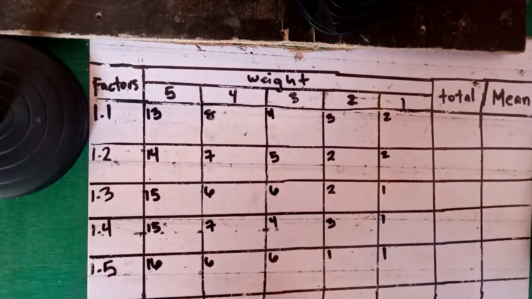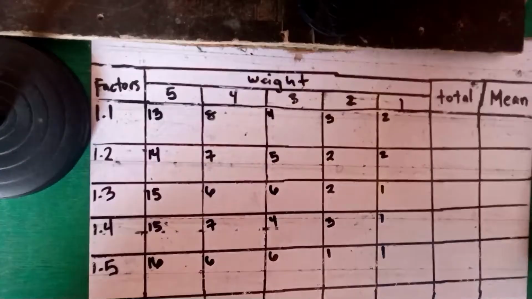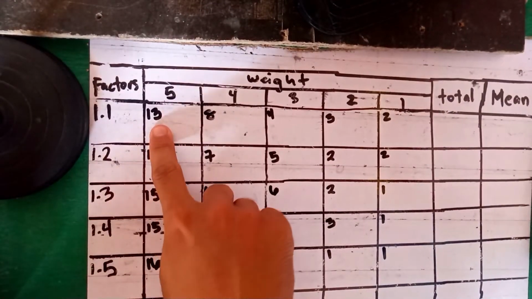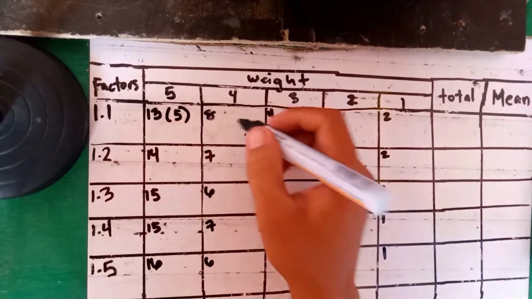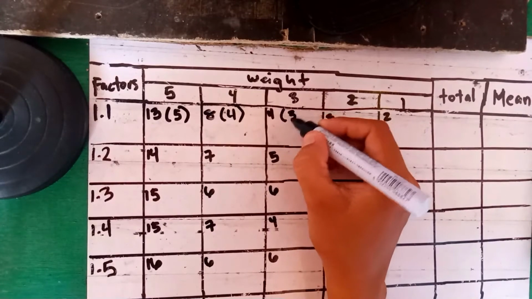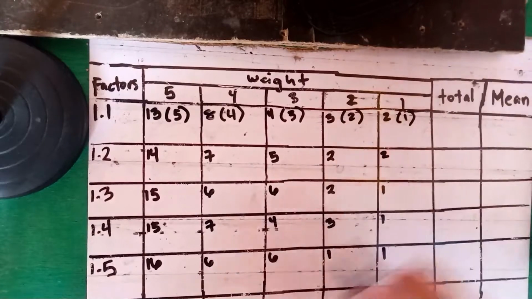So to compute the table, what we will do is multiply the row score by our weight. Multiply the row score by our weight. So which means that would be 13 times 5, 8 times 4, 4 times 3, 3 times 2, and 2 times 1.